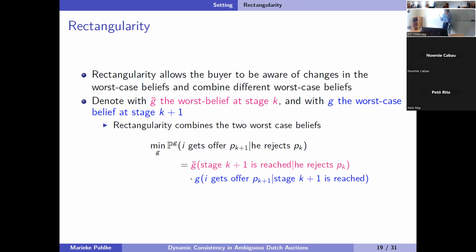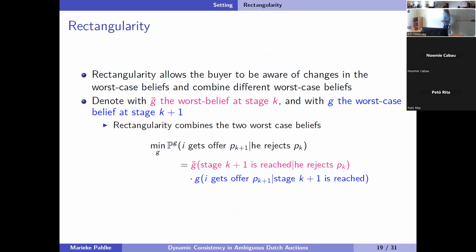And the way we do this is, if you just think about Bayesian updating, you have the Bayesian update of a belief. If you multiply this with the marginal probability of ending there, you get back the prior. It's just marginal times Bayesian update gives you back the prior. Rectangularity basically allows you to combine different marginals and different updated beliefs.